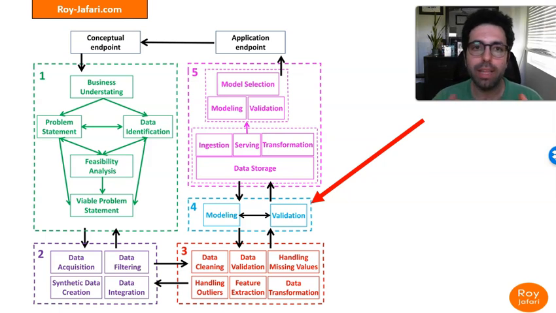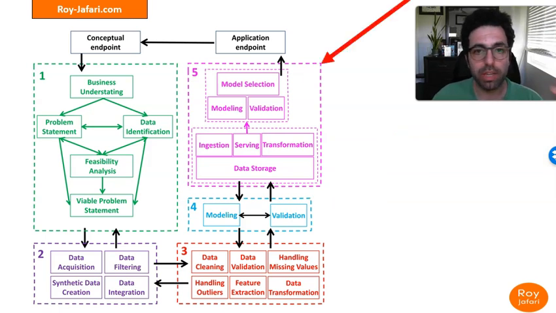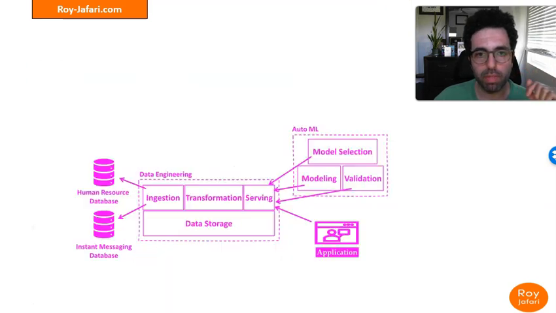In the deployment, which is the next stage, we have two substages. I call these two substages data engineering and AutoML, auto machine learning. So let's dig deeper into each one of them.